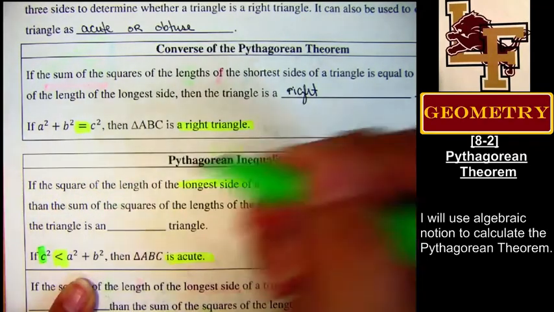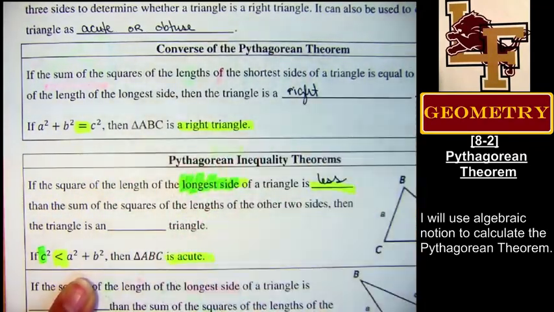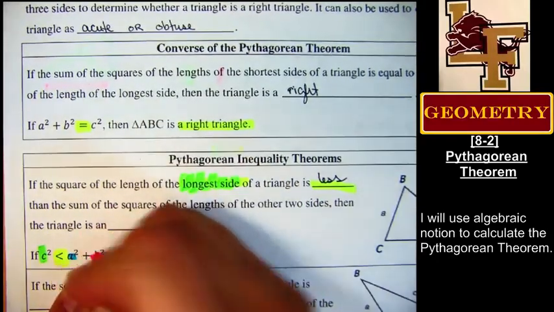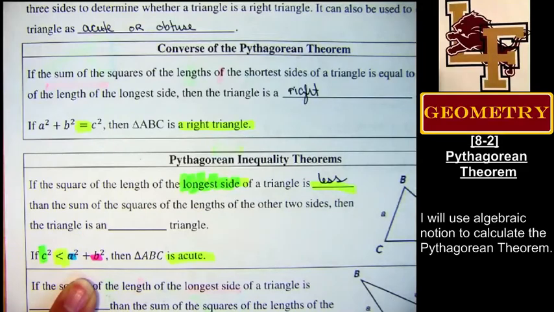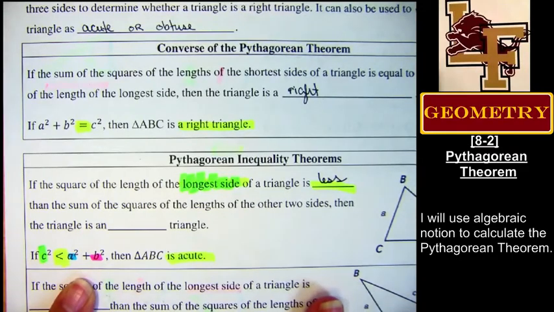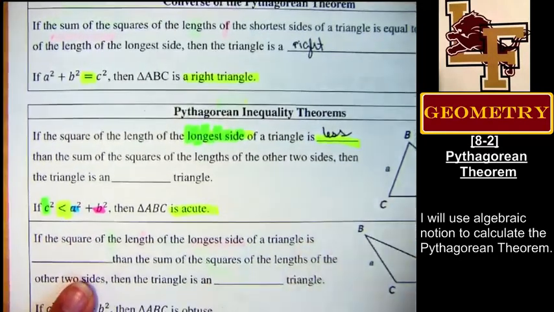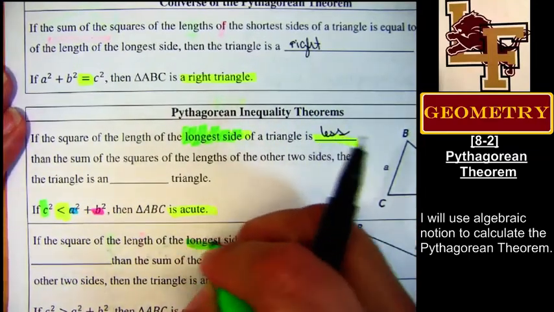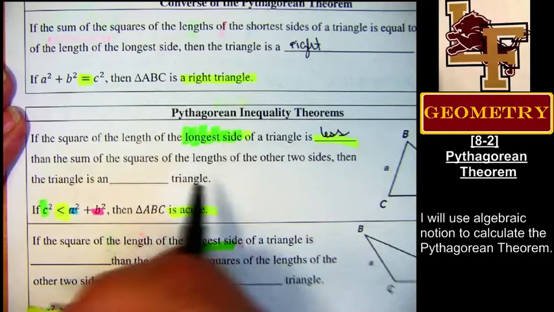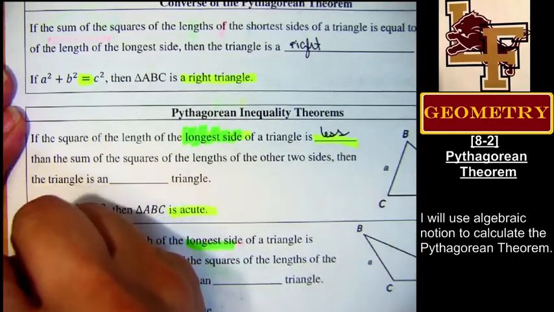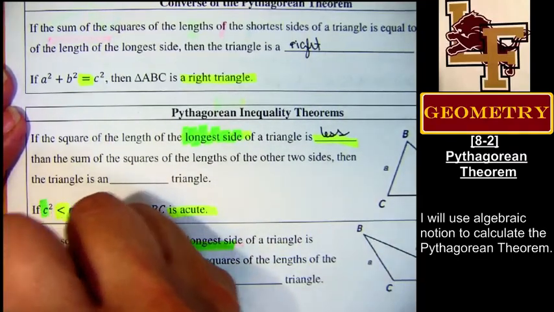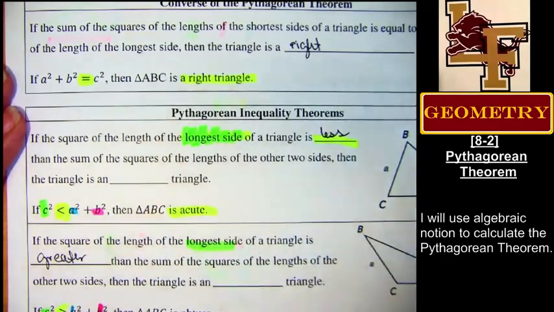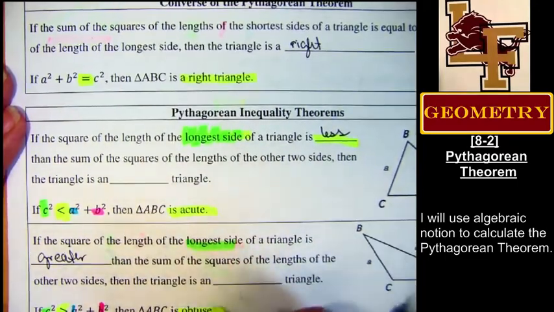So, biggest side less than the two smaller sides added together. Now, if the length of the longest side is bigger than the other two, then what we're looking at is obtuse.